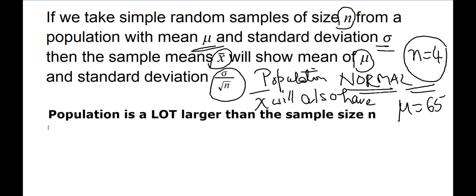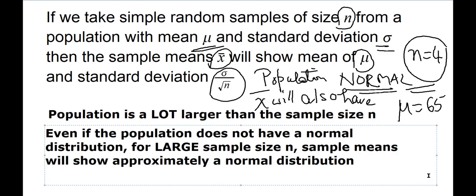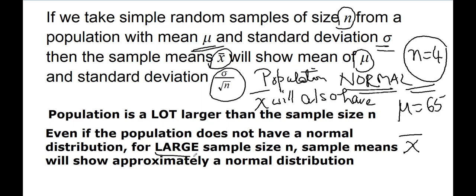What I wanted to say was that even if the population does not have a normal distribution, these sample means, our x bars, will still show a normal distribution for a large sample size, and we will state how large it has to be.